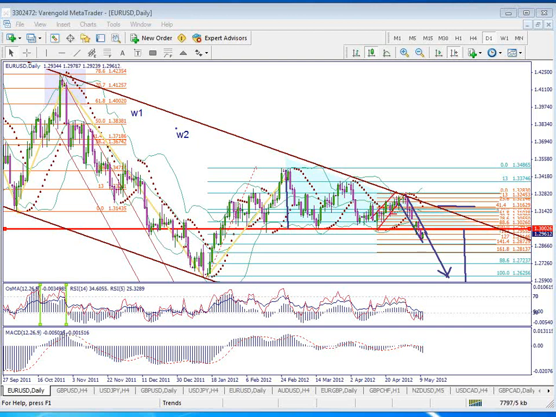But I think that you can improve. MACD is like the oscillator of moving average. Same construction.